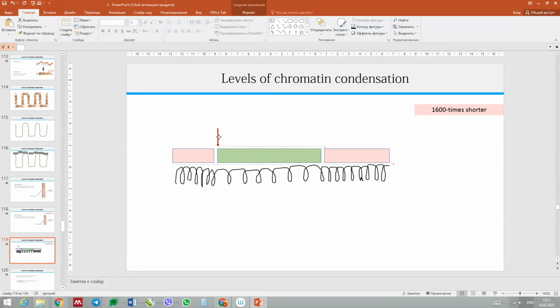Regions of not highly condensed chromatin are considered to be regions with active genes. Regions with highly condensed chromatin are considered to be regions with non-active genes.